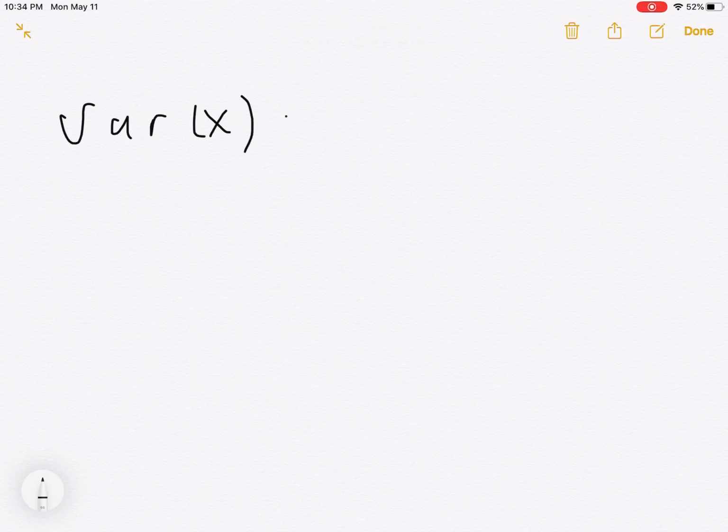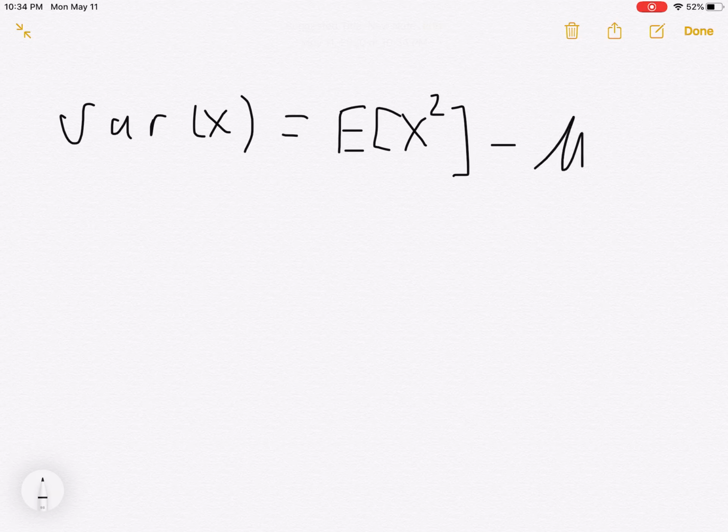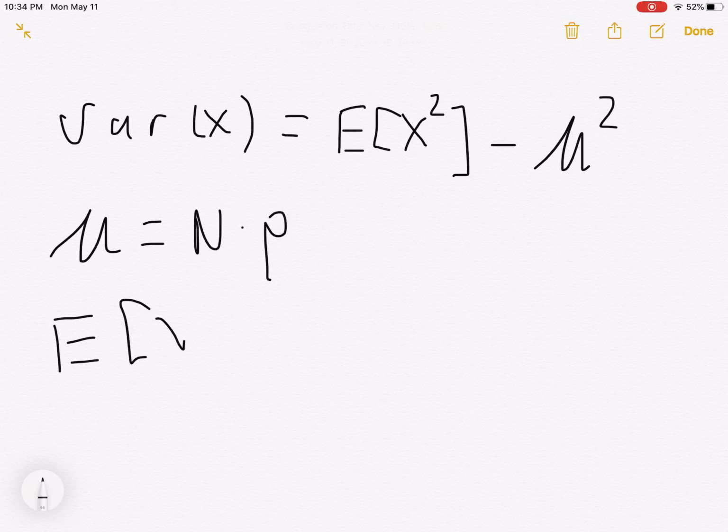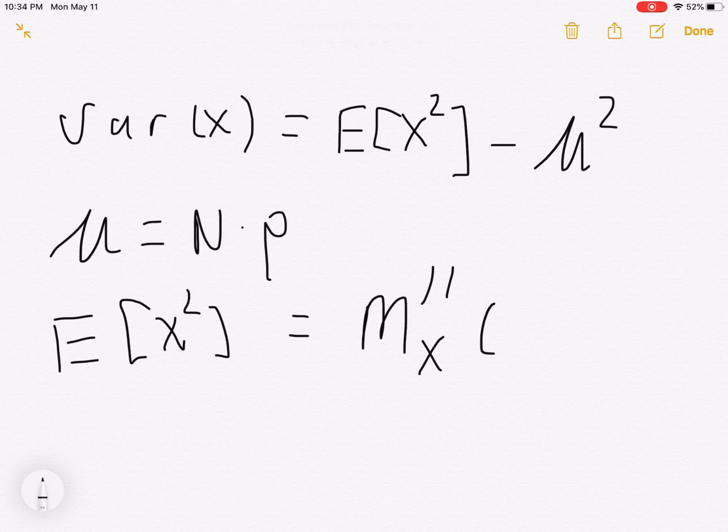You might also ask, hey, what's the variance? And you're going to calculate the variance. You might do it this way: E of x squared minus mu squared. Now, note mu is equal to n times p. We did that. And E of x squared, well, remember that's the moment generating function's second derivative evaluated at 0.